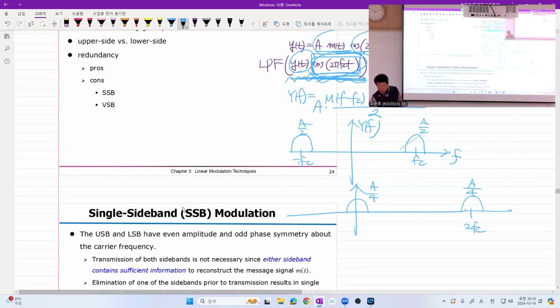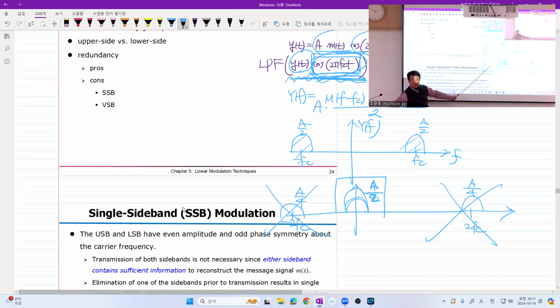And then this one left shifted by fc. So you have something like this. So you have A over 2, A over 4, negative 2fc. So if you apply the low pass filter, then these double frequency terms disappear and you have the message. Got it? So this is what's going on in the frequency domain.